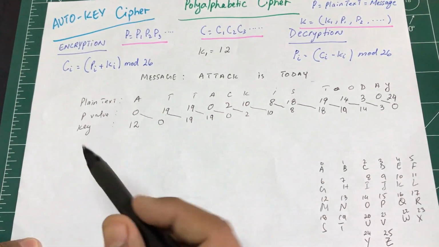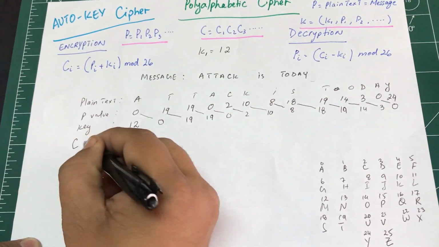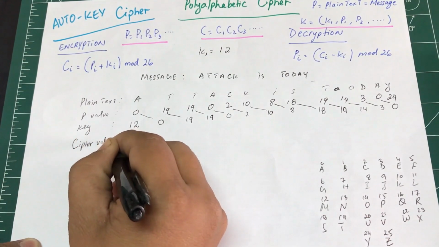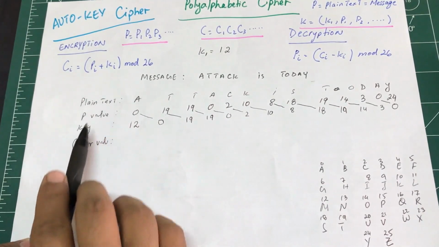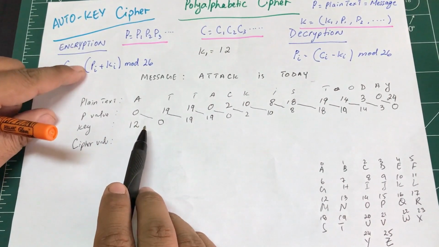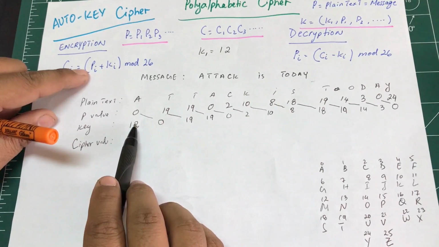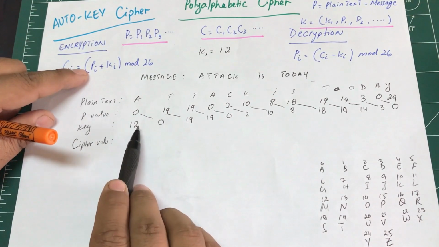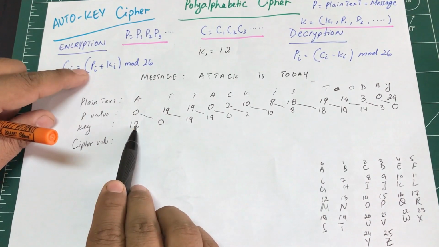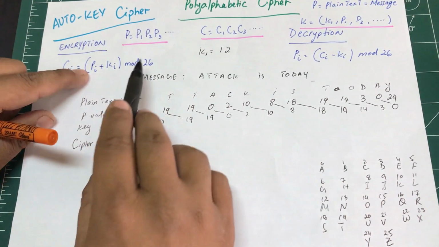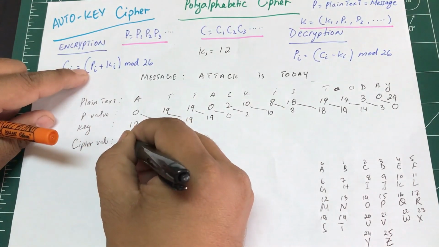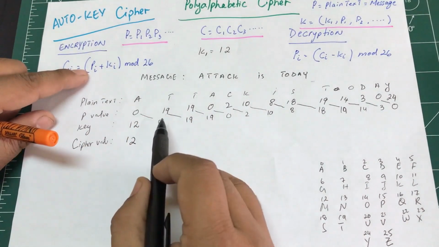All right, so we can compute the cipher value now. How am I going to compute it? 12 plus 0. This is my plain text, and this is my key. 0 plus 12 is 12, and 12 mod 26: when the modulus is bigger and the number is smaller, you get the same value, so you get 12.